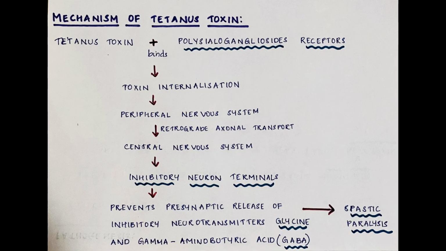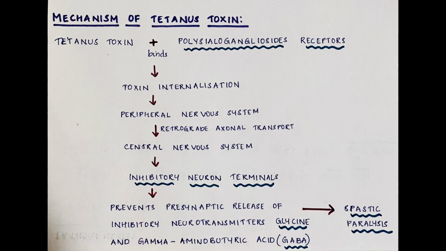Mechanism of tetanus toxin. Tetanus toxin binds to polysialoganglioside receptors. So we said the heavy chain has a carbohydrate binding domain and its carboxyl terminal portion will bind to sialic acid receptors, right? So the tetanus toxin binds to polysialoganglioside receptors present on the motor nerve terminals, and that will result in toxin internalization.